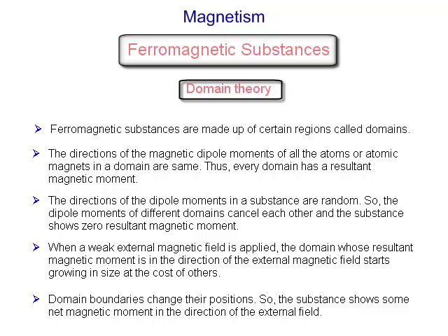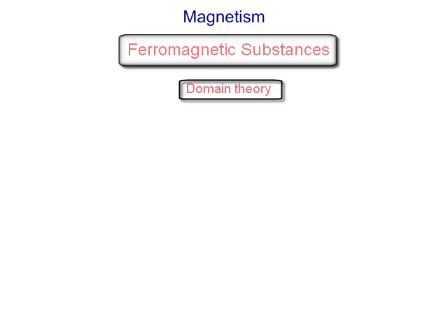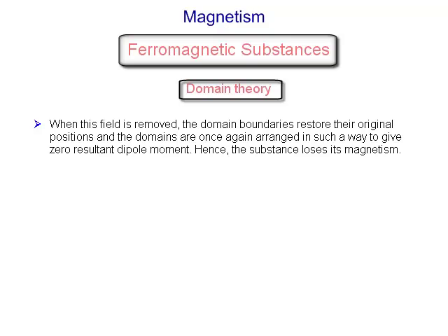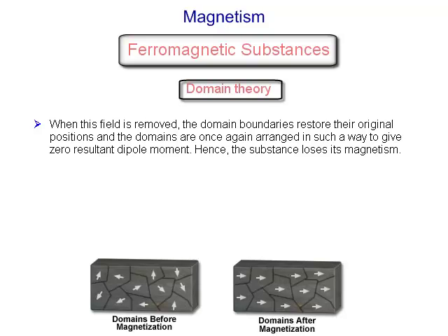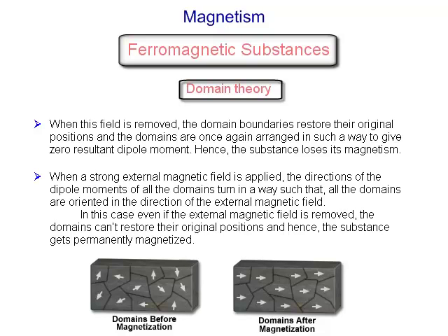So the substance shows some net magnetic moment in the direction of the external field. When this field is removed, the domain boundaries restore their original positions and the domains are once again arranged in such a way as to give zero resultant dipole moment. Hence, the substance loses magnetism.